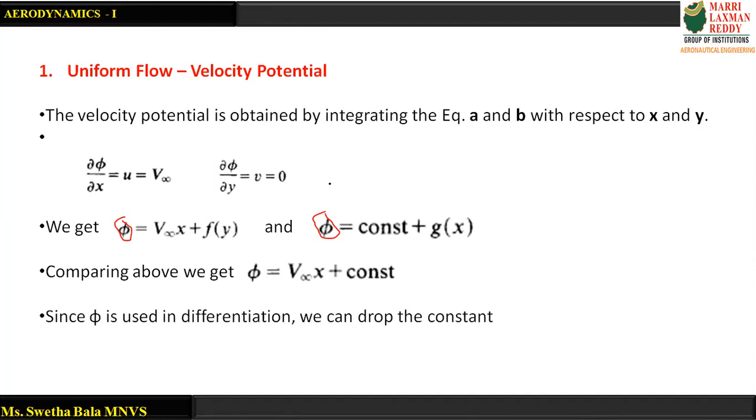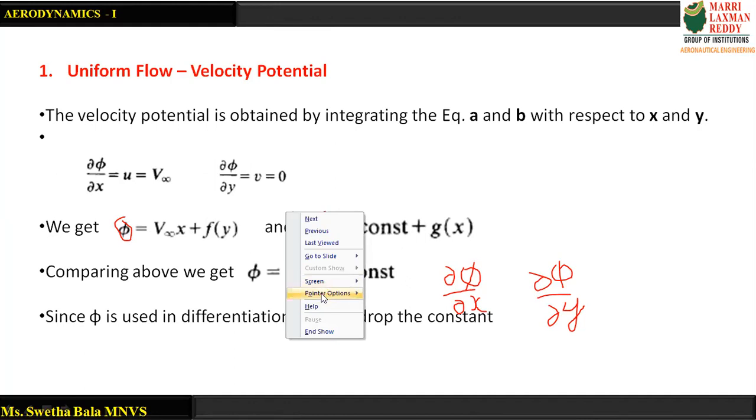Again, phi is used in the differentiation only. Even if I know the value of phi, I will differentiate it with respect to x, or with respect to y. That means even if I have a constant or don't have a constant, I can drop the constant, right?